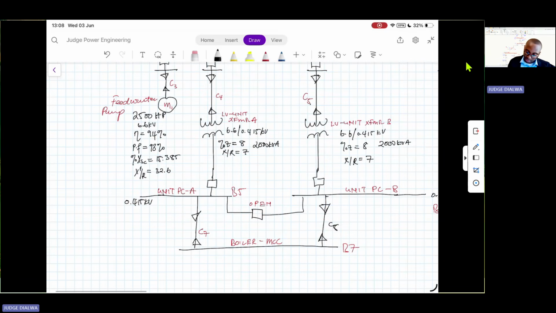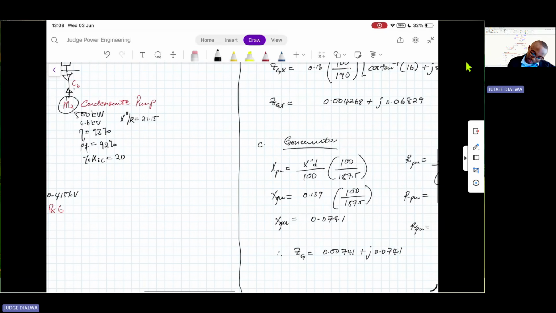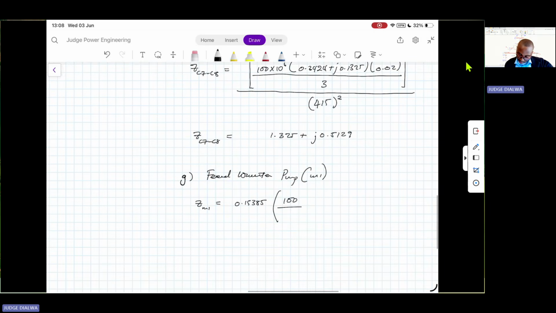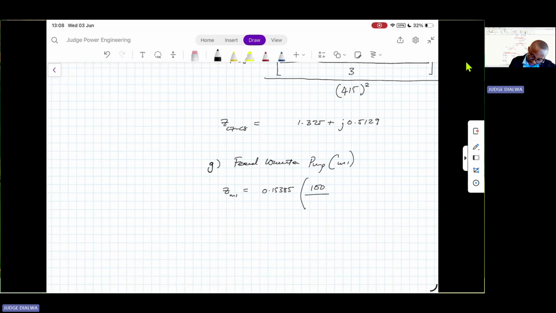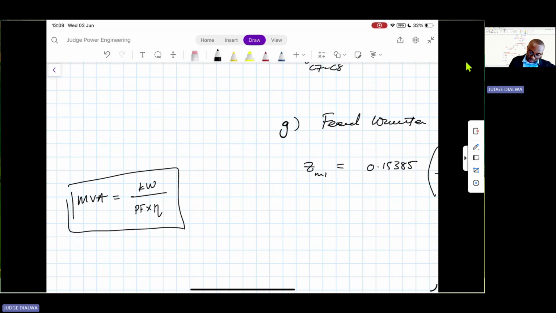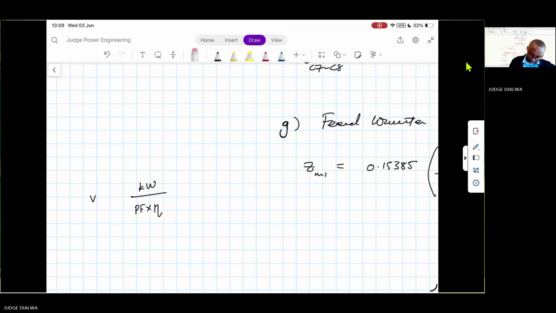You're not given the MVA, so we need to calculate that MVA with the data that we have. By the way, the underlying equation for calculating the MVA of our feed water pump is: MVA is equal to kilowatt rating over the power factor multiplied by the efficiency of our machine. So this is what we'll be doing next.